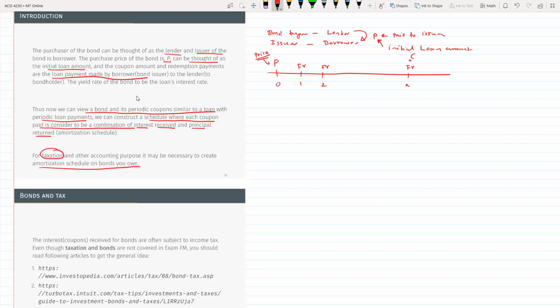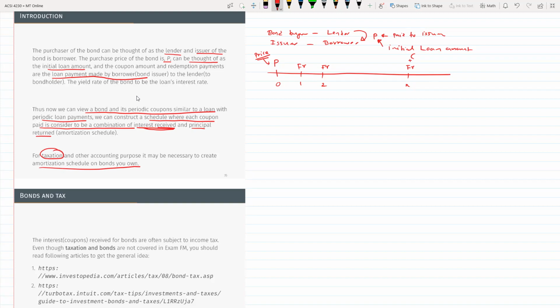Taxation, you have to be careful, because the interest received needs to be taxed under a different tax regime. So when you get the payment, if you just tax the entire payment, then you may have to pay a lot.